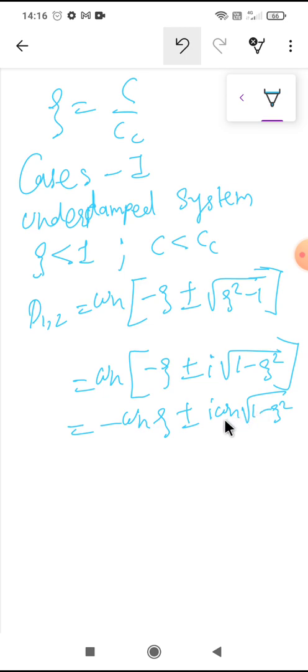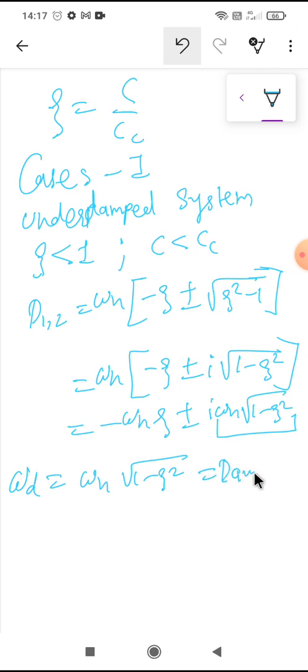So now there are two frequencies. This is the natural frequency, and this is the multiplication of the natural frequency omega n into under root 1 minus zeta square. Because of the damping factor, we will call this frequency the damped frequency omega d, that is omega n under root 1 minus zeta square.